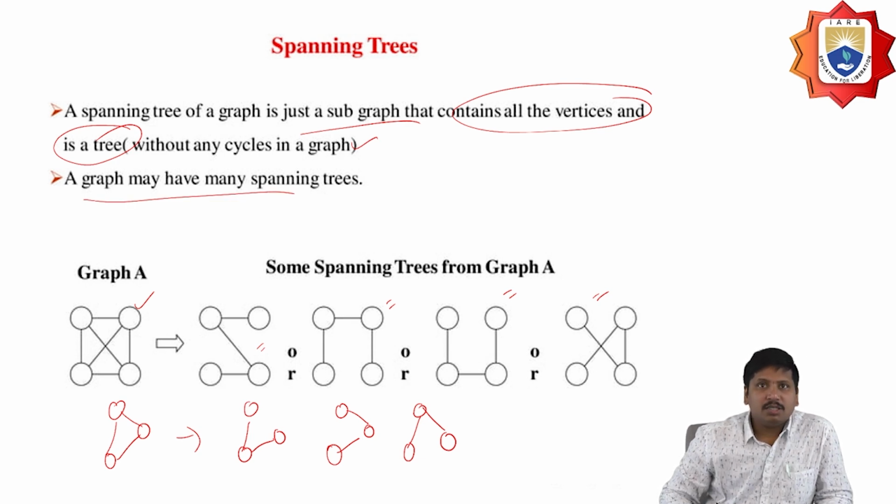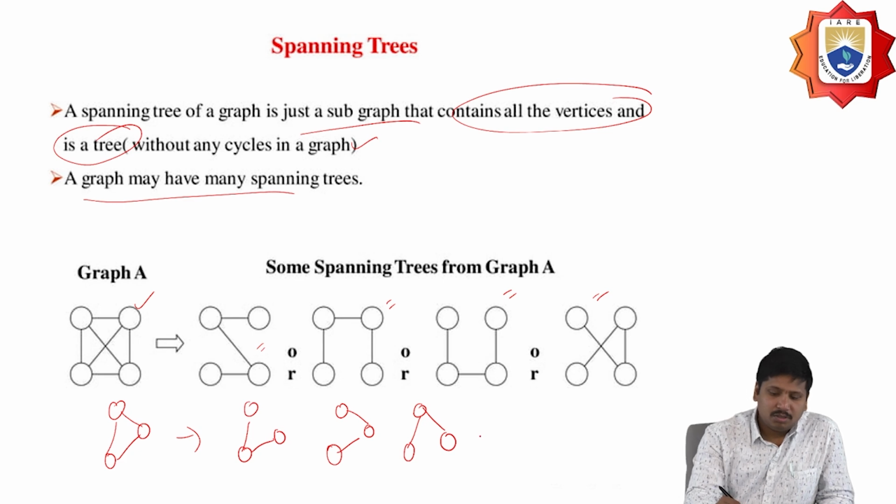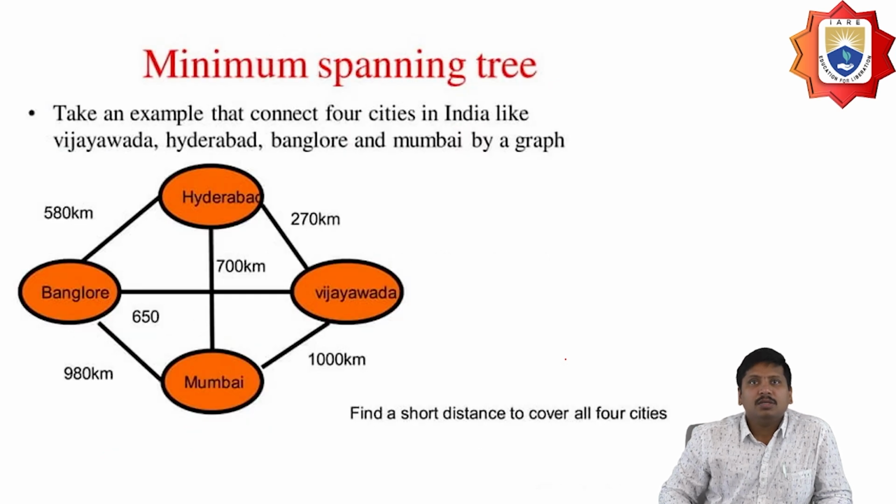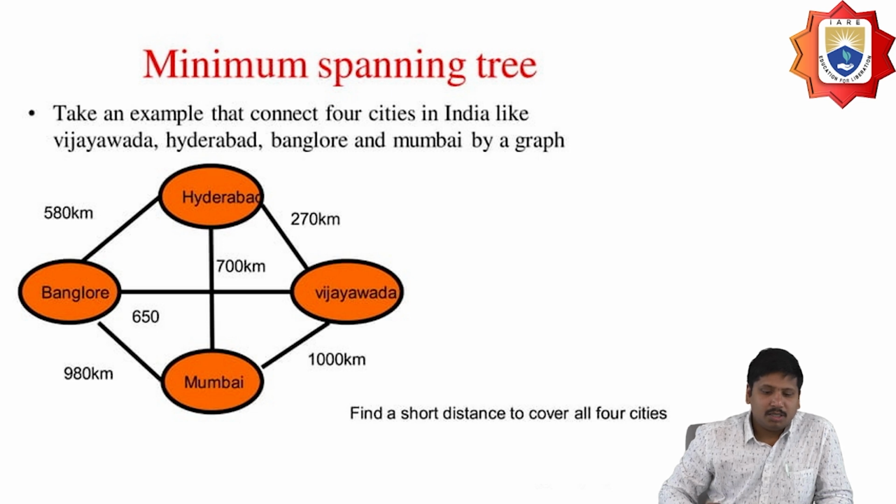So let us consider a graph. The graph is going to have many spanning trees, and a subtree is sometimes also called a spanning tree. Now, the minimum spanning tree. Let us change to an example, where we're going to connect cities in India like Vijayawada, Hyderabad, Bangalore, Mumbai.